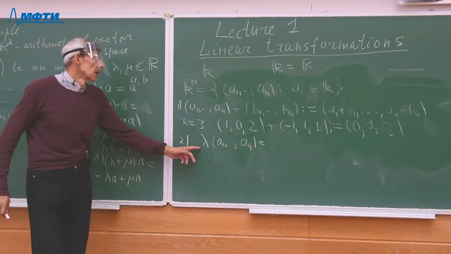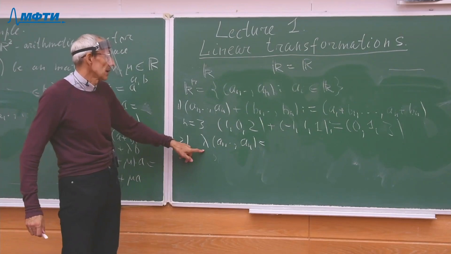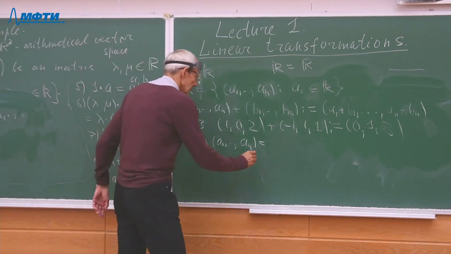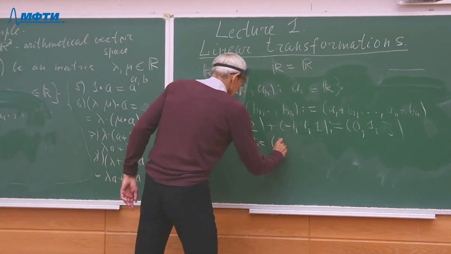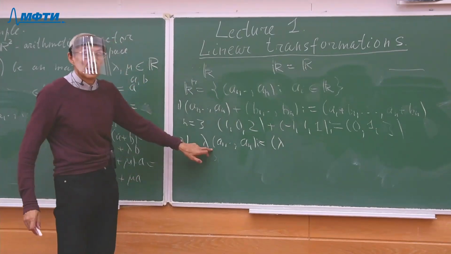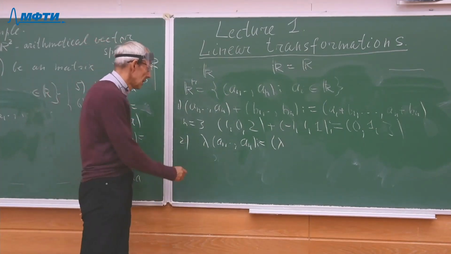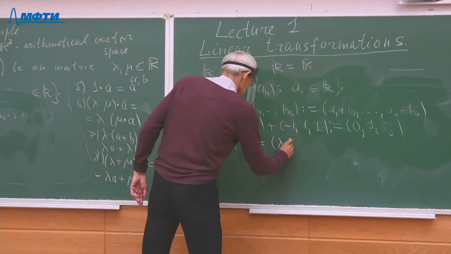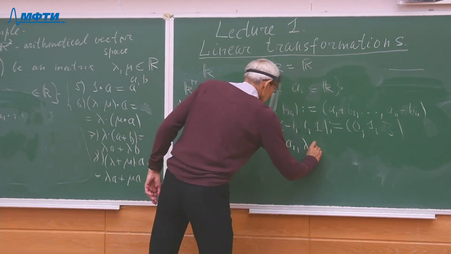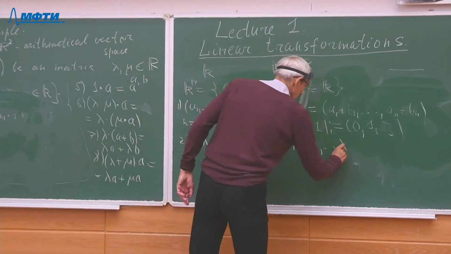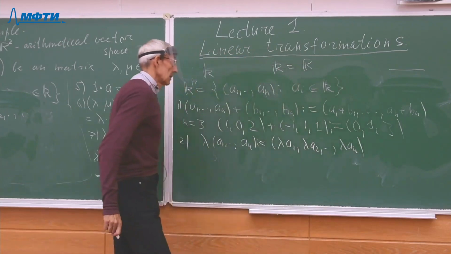If I want to multiply a scalar lambda by this n-tuple, I must multiply each element of this n-tuple by this scalar, and I obtain the following n-tuple.